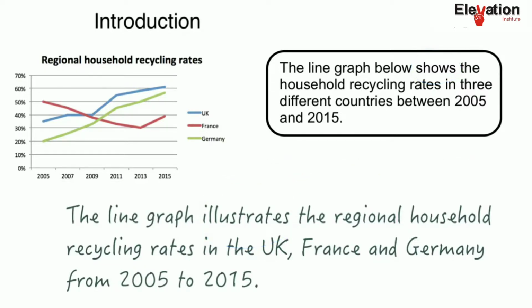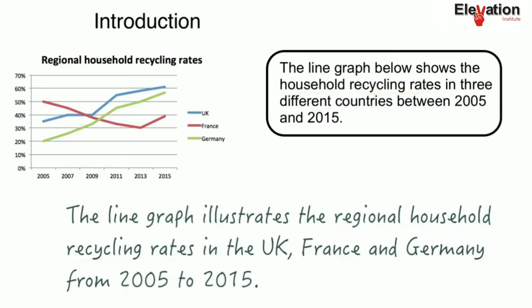After that, I expanded the phrase household recycling rates into regional household recycling rates according to the graph. So you see, I look at my graph and I look at my topic at the same time. And I include all the key information from my graph and from my topic into my introduction.